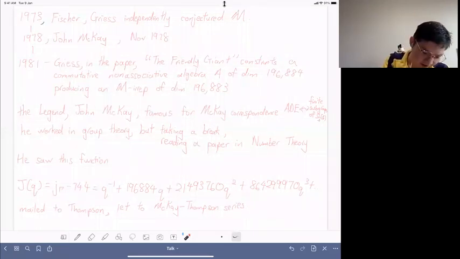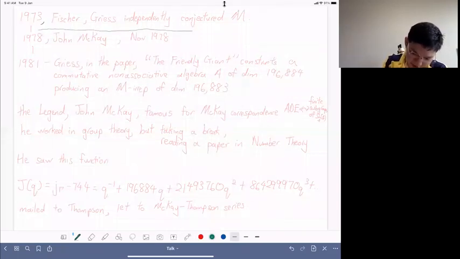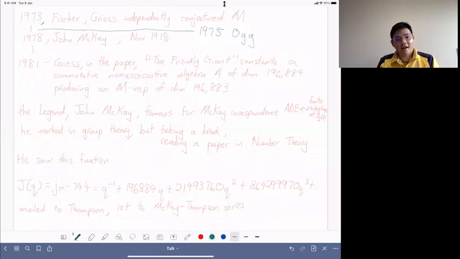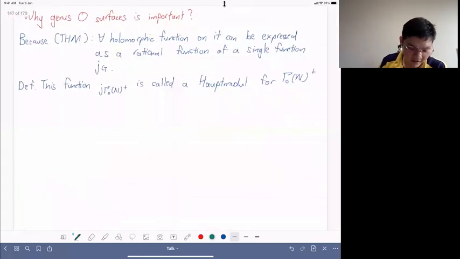So it's around here. Let me see, it's even before John McKay sees the McKay equation. So around here. And why is this important?